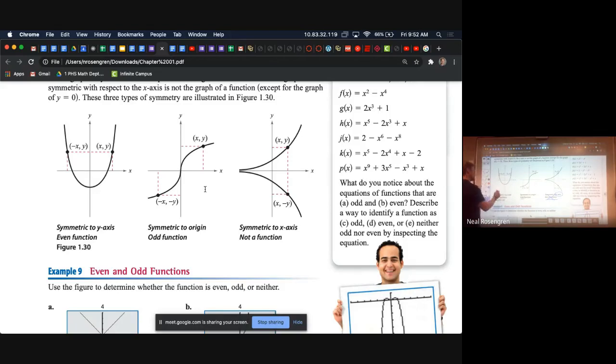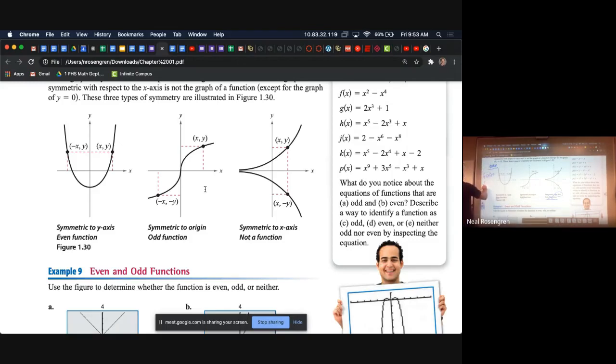And here's the key. So this is our last thing, and we'll make sure that we pick this up when we get there. When we talk about even functions, so if a function is even, if you give me some f of x, so you give me some function.